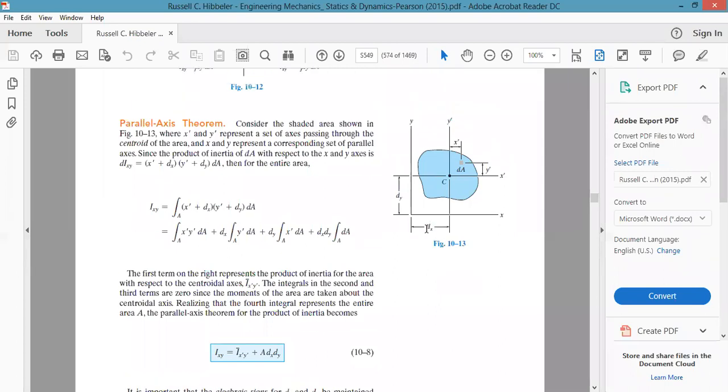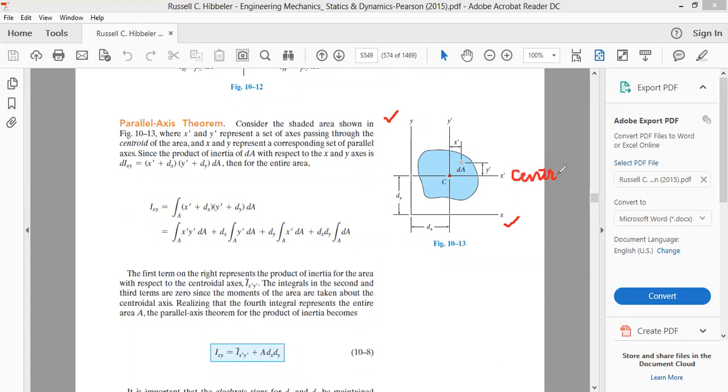As far as the product of the area is concerned, let's suppose we again have some area. Its total area is A. We denote this to be our x-axis, and let's suppose this is our y-axis. Let's suppose the centroid of this area lies at the point C. Pass an axis through the centroid parallel to the x-axis; this is our centroidal x-axis.